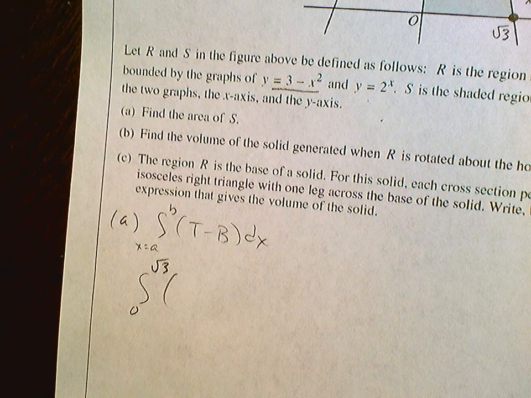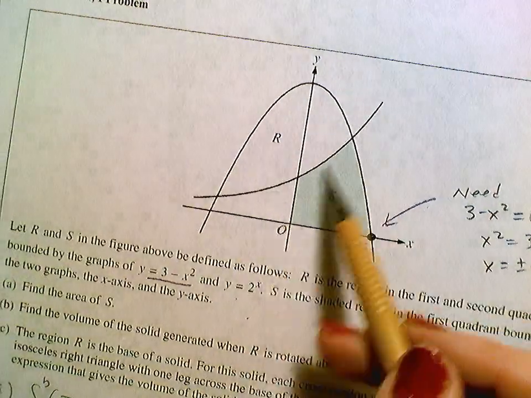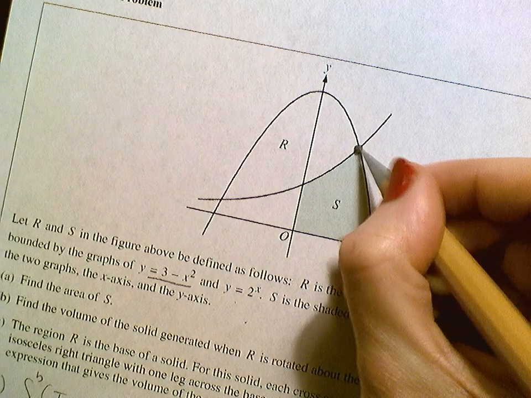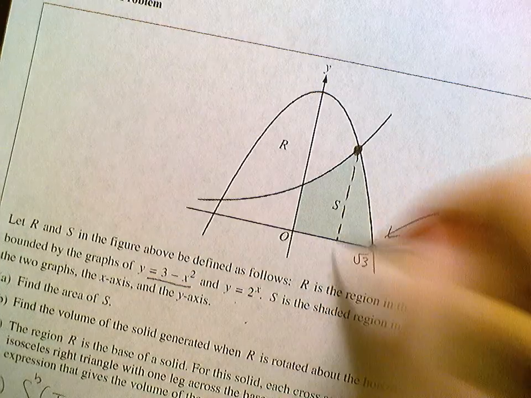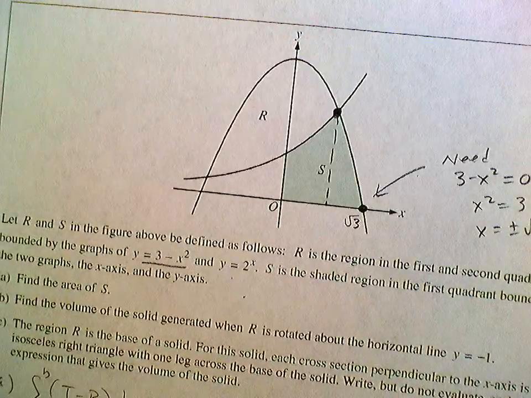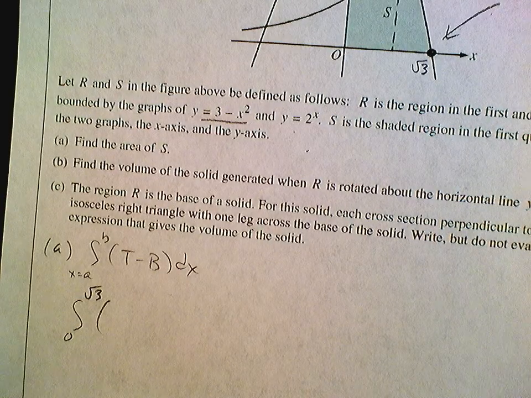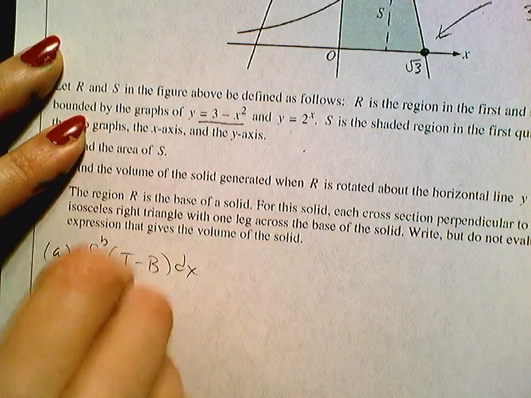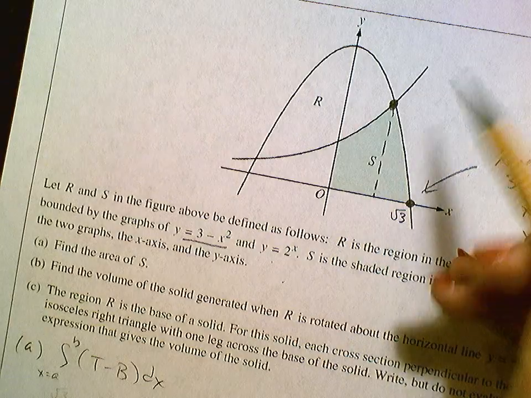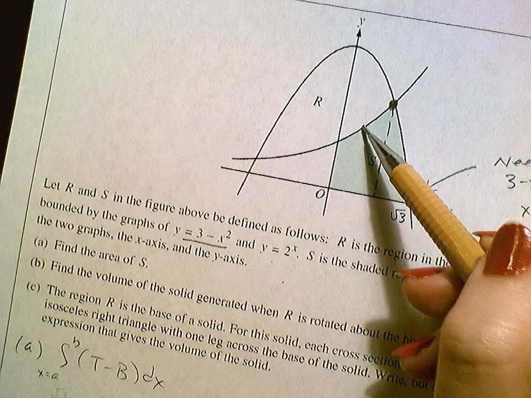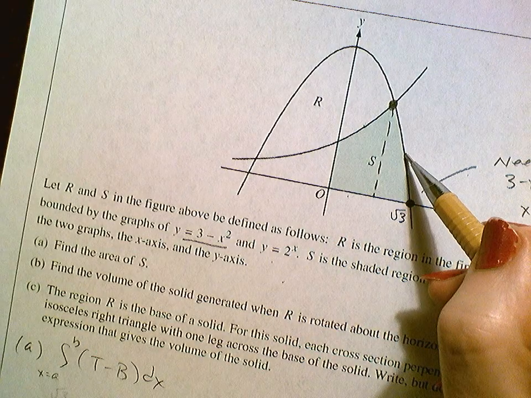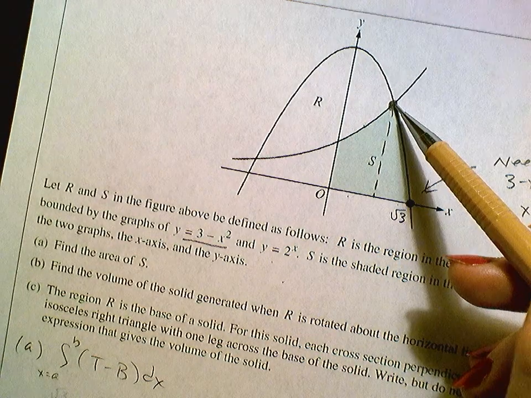And then I just do top minus bottom. The top one is going to change. Up here we need to know that x value, because here top minus bottom is 2 to the x minus 0, but here top minus bottom is the parabola minus 0, and it's going to change right at this point.